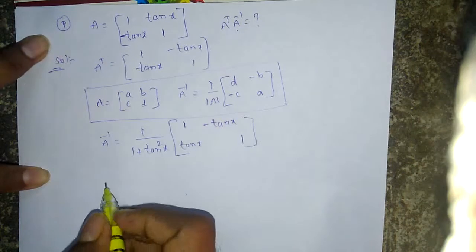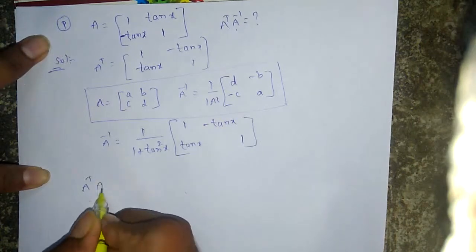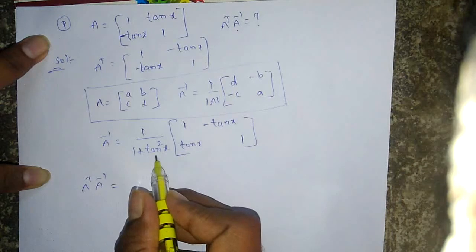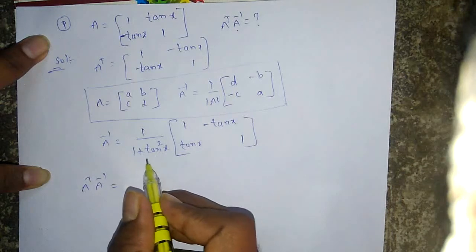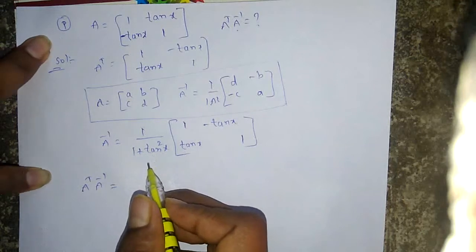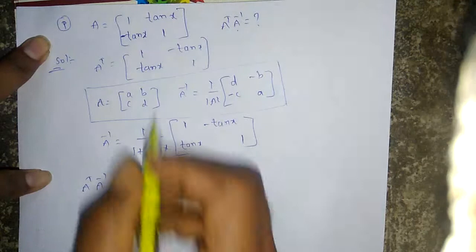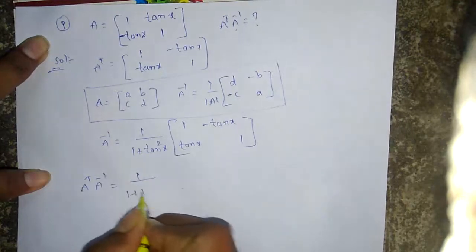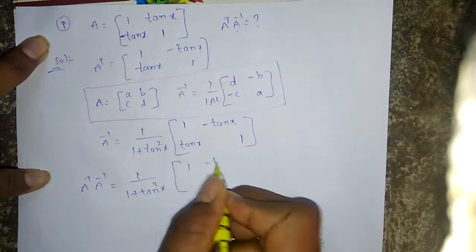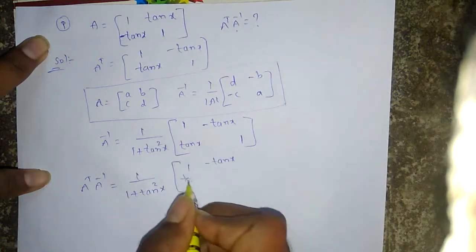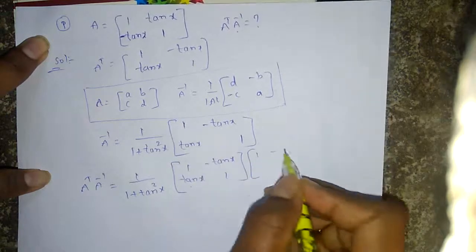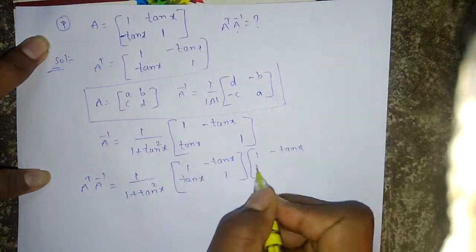This is A inverse. Now multiply A transpose into A inverse. So this is 1 by 1 plus tan square x outside, times A transpose [1, minus tan x; tan x, 1] into [1, tan x; minus tan x, 1].